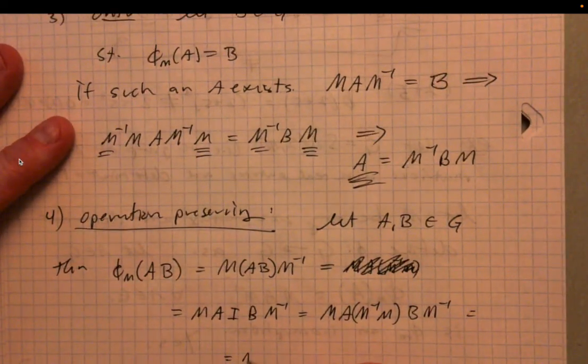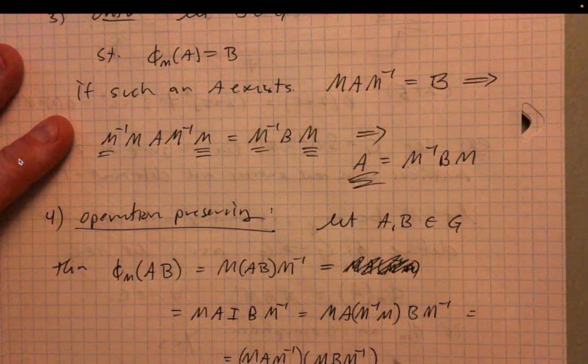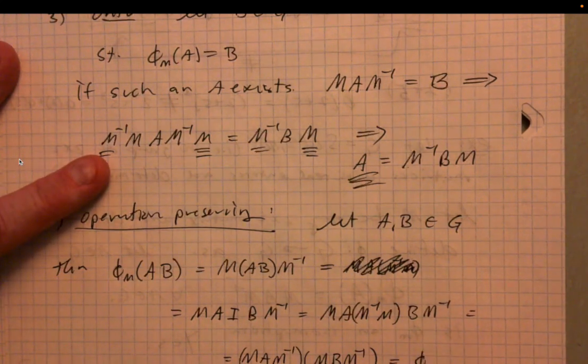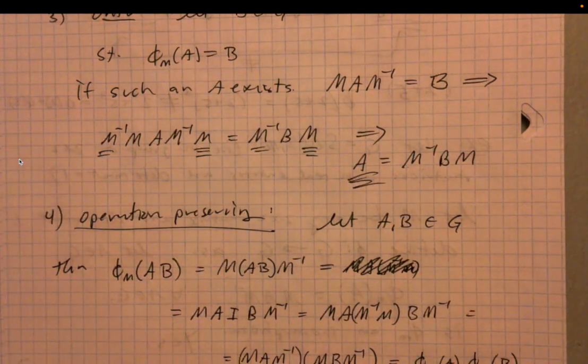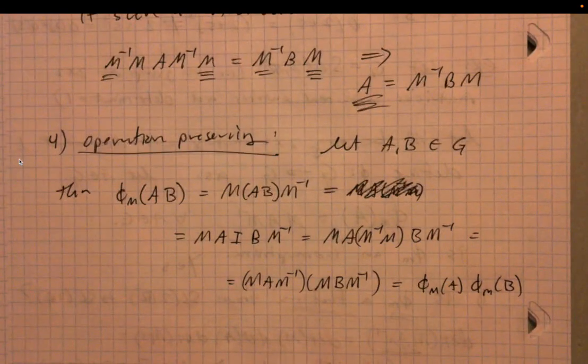We have M A M inverse times M B M inverse, and that of course is phi of A times phi of B. So this is operation preserving.